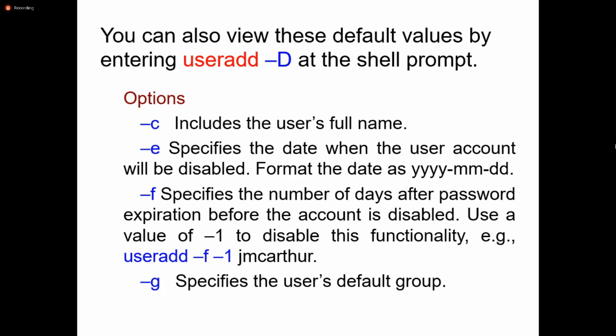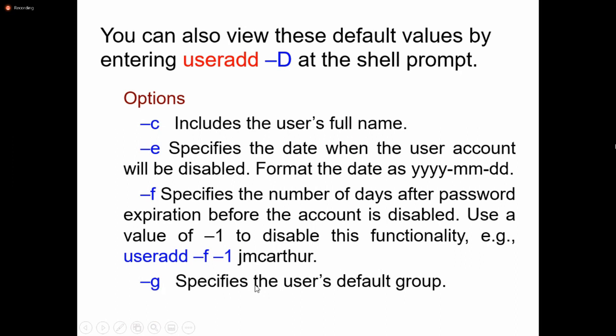Then when the password expires, it will be there for like 7 days. Then after the 7th day, your account will be disabled if you don't change your password, right? If you put -1, it will disable this.